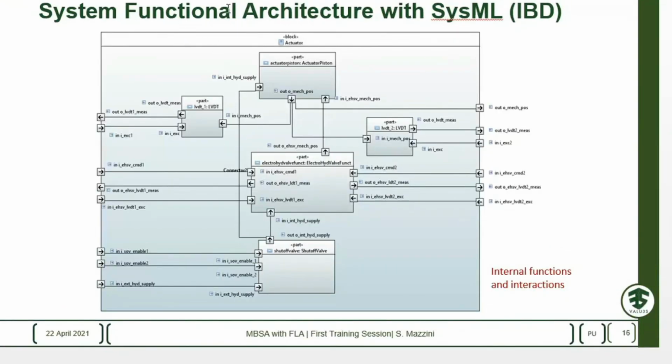Then the system function architecture is described with the internal block diagram, in which we can look at how the sub-functions are interrelated for a specific function, how internal functions are related.